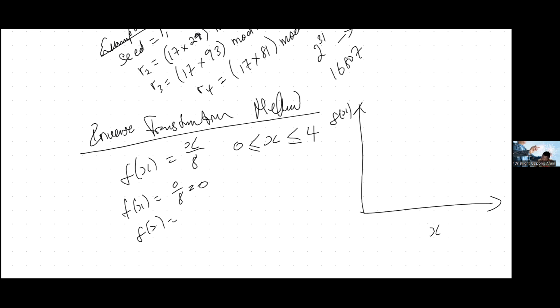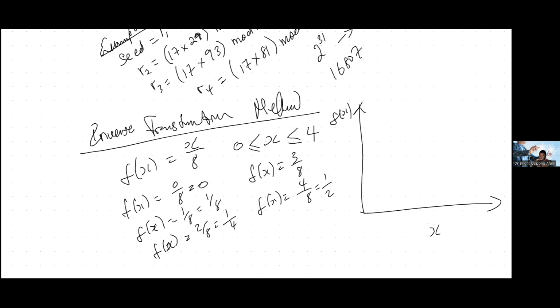If x is 1, f(x) is 1 on 8. For x equal to 2, f(x) is 2 on 8, that is 1 on 4. For x equal to 3, f(x) is 3 on 8, then for x equal to 4, f(x) is 4 on 8, which is half. So we can plot this distribution.